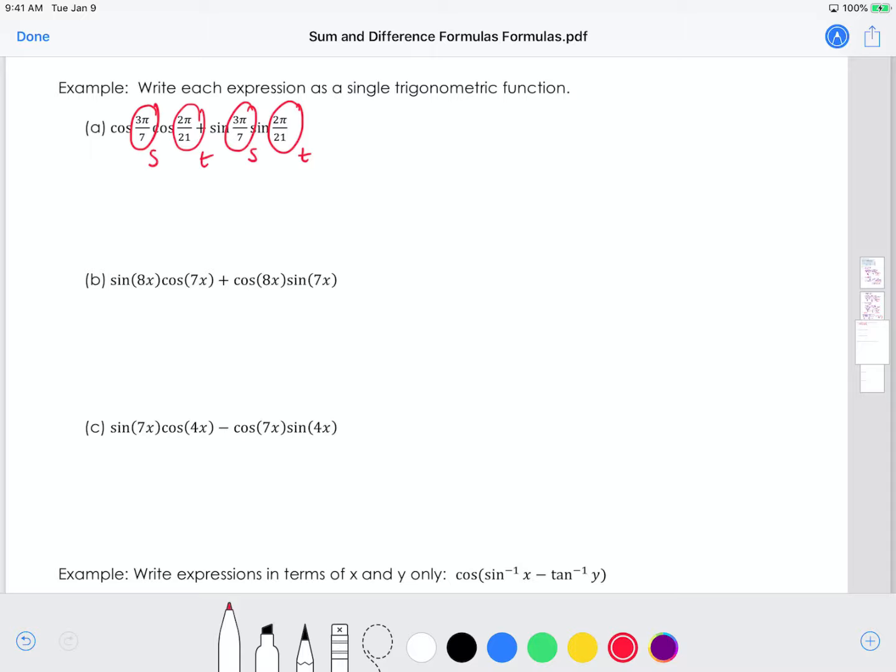So that means I'm looking for the formula where we have cosine of S, cosine of T, plus sine of S, sine of T. And we want to work backwards.